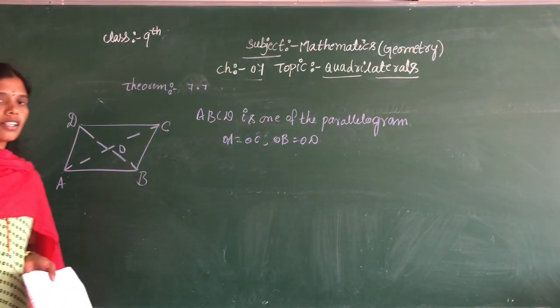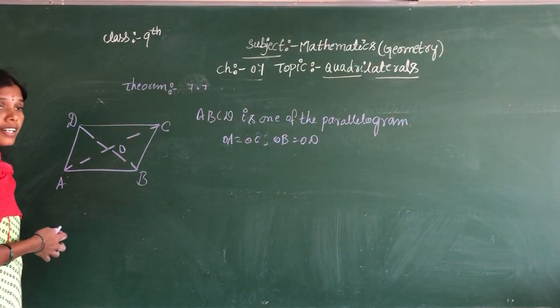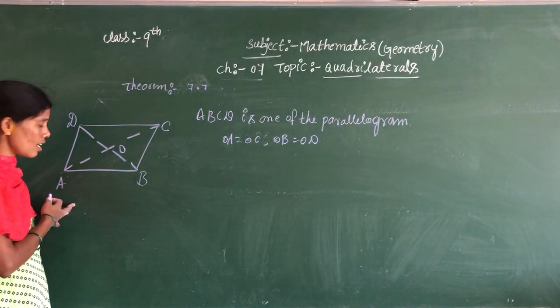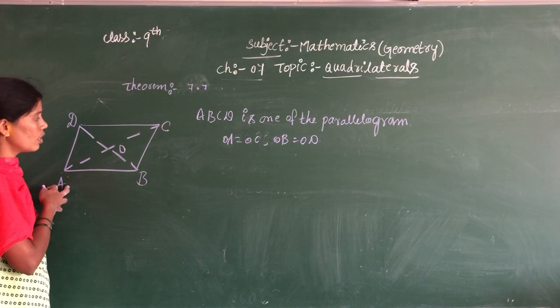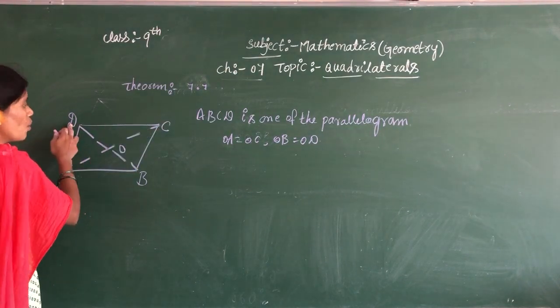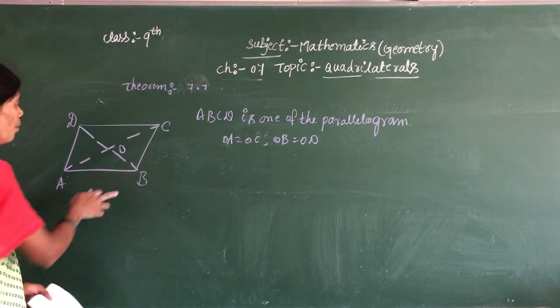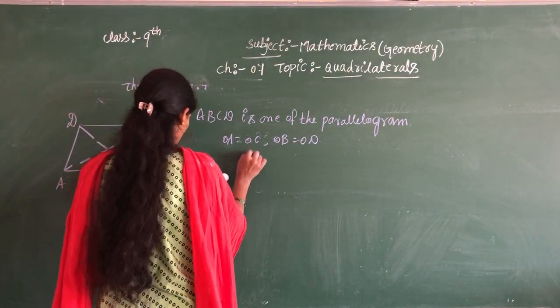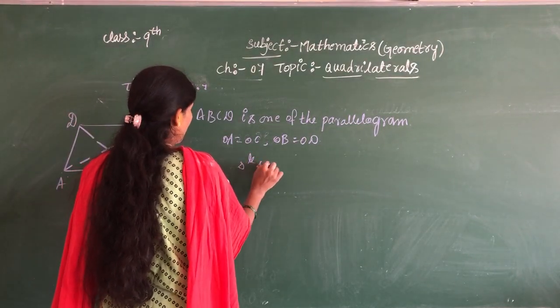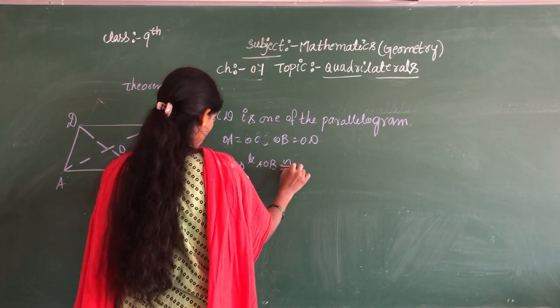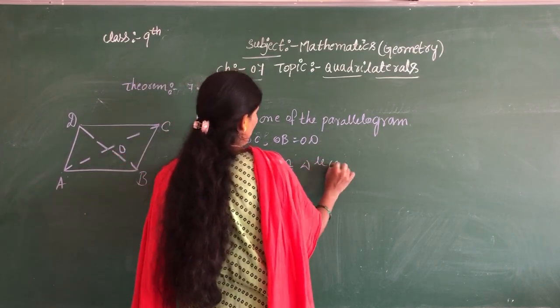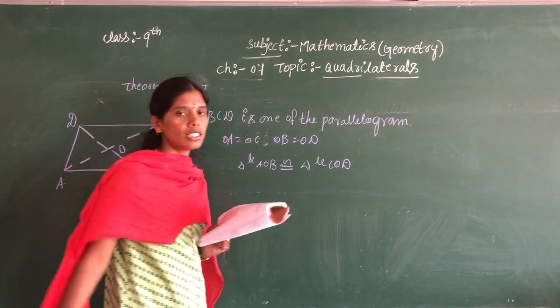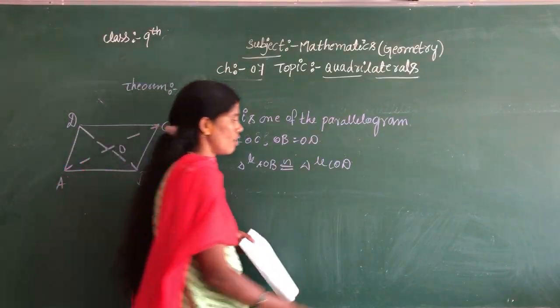As you know children, the bisecting point gives OA equal to OC and OB equal to OD. In triangle AOB and triangle COD, we use congruency.